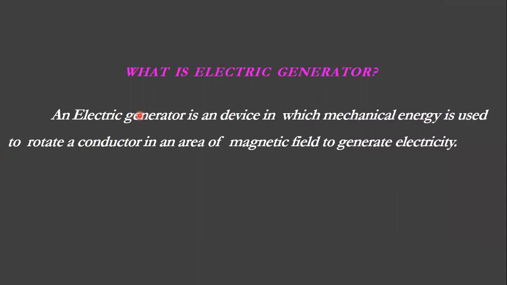See, children, what is an electric generator? An electric generator is a device in which mechanical energy is used to rotate a conductor in an area of the magnetic field to generate electricity.